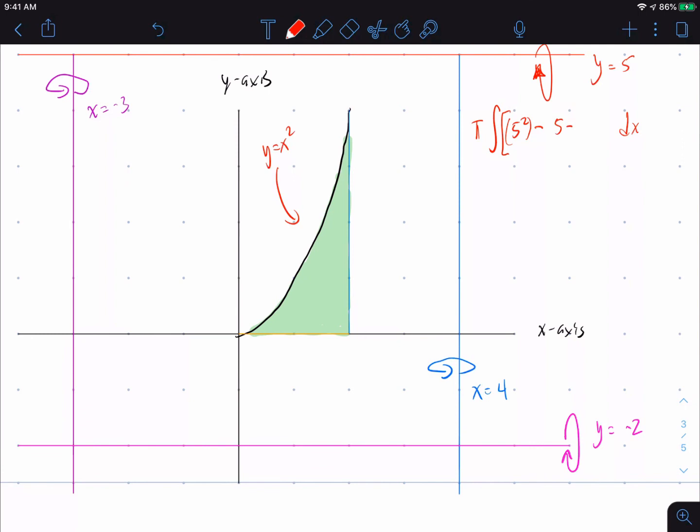So then that would be 5 minus x squared, squared. Are you guys okay with that? Oh, and the bounds, I'm sorry, from 0 to 2. Do you need me to explain how I got it?